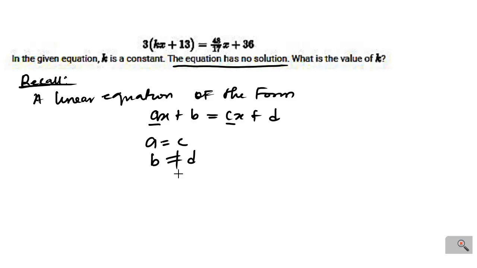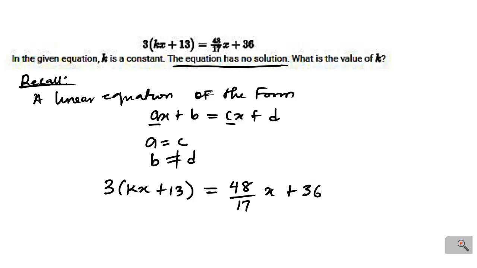I'm also going to be using the concept of slope intercept form so that whichever one is suitable, you use it whenever you're solving. So the first thing we do is, since that equation is of this form, let's first open this bracket. If we open the bracket, we have 3 into bracket kx plus 13 is equal to 48 over 17x plus 36.